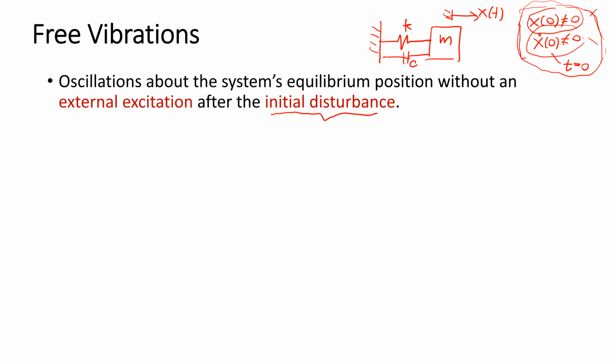Zero position with non-zero speed, non-zero position with zero speed, or non-zero position with non-zero speed. These are initial disturbances, but without external excitation, which means the force is zero. This is the free vibration.